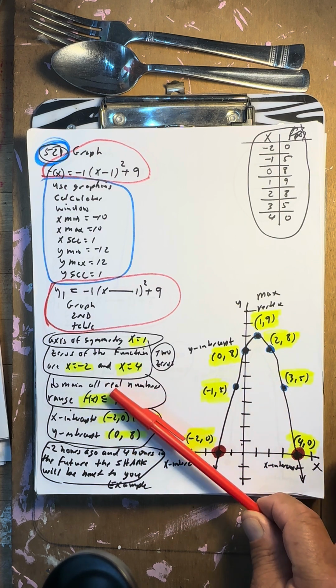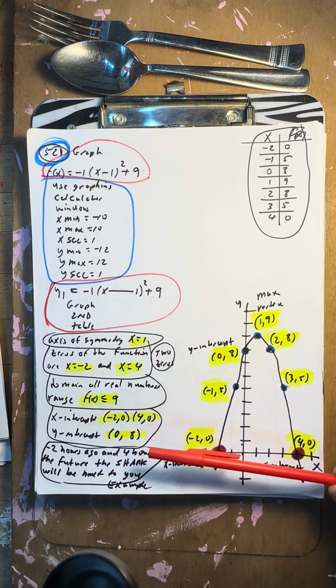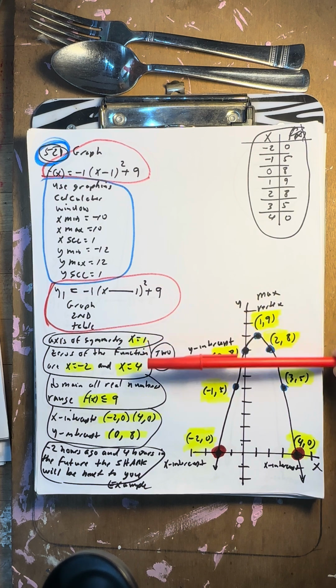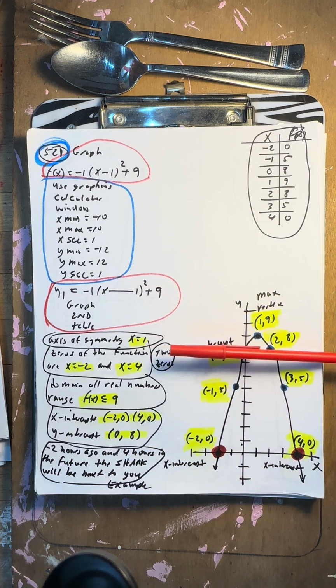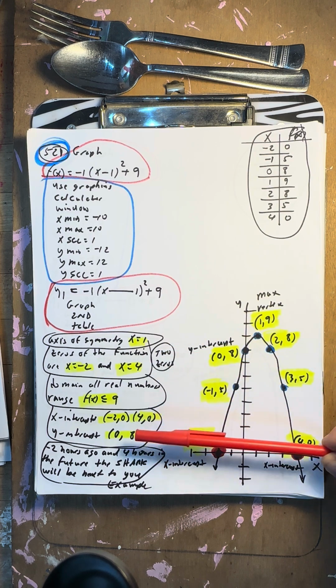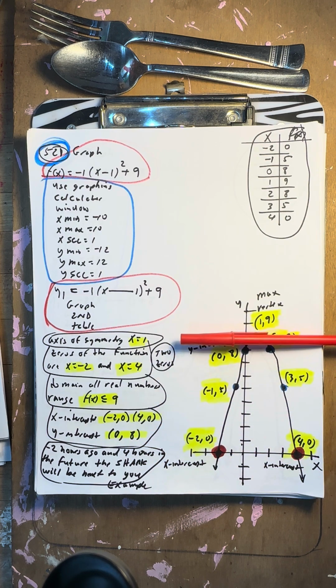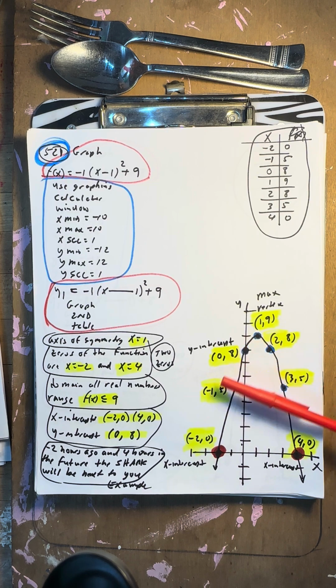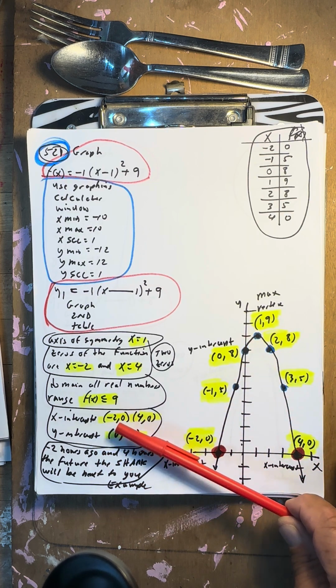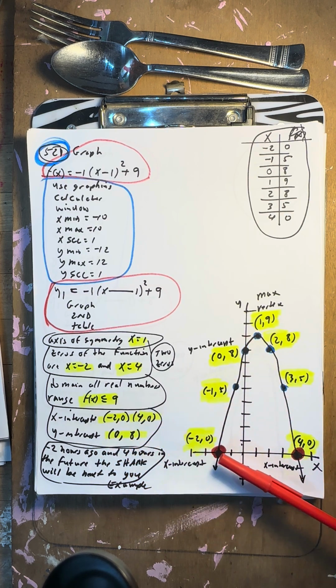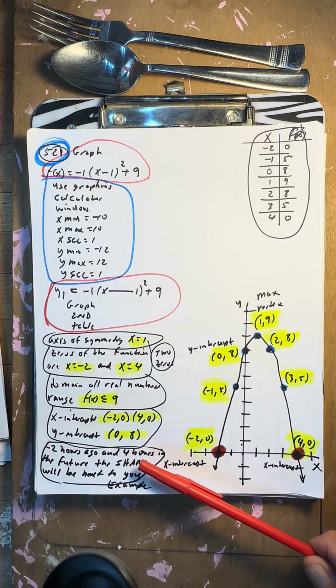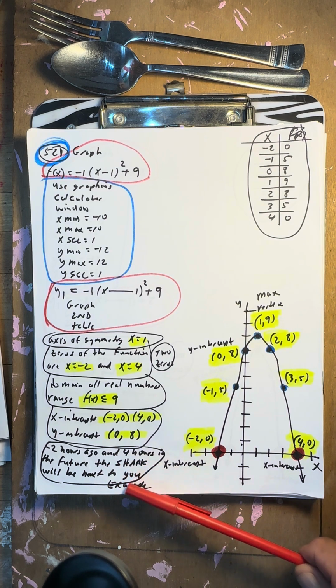We have domain, all real numbers. Range is from 1 this way, or all real numbers less than or equal to what? To 9. Okay. Range, all real numbers less than or equal to 9 this way. Okay. X-intercepts, (-2, 0), (4, 0), and (0, 8). Got those. 2 hours ago and 4 hours in the future, the shark will be next to you.